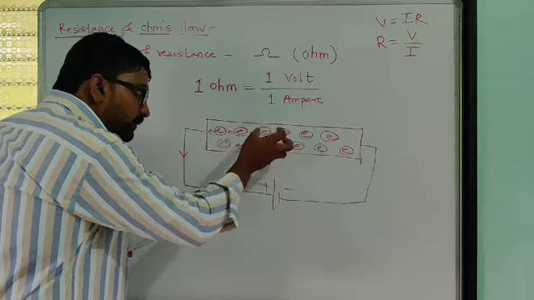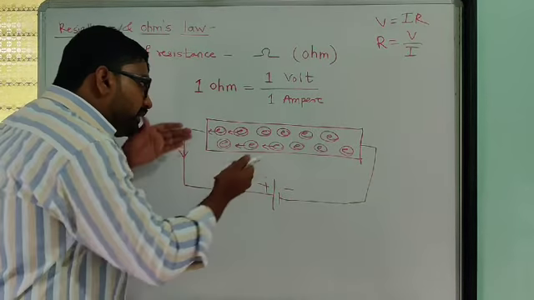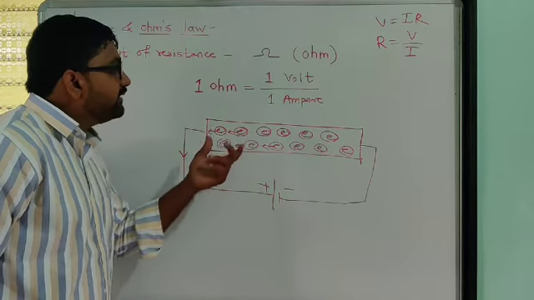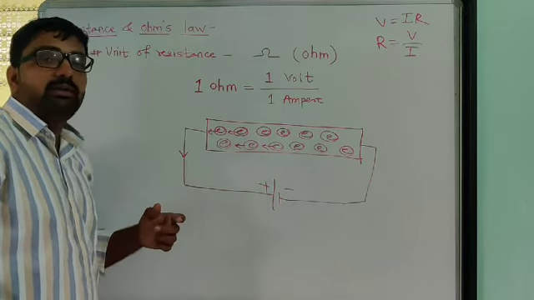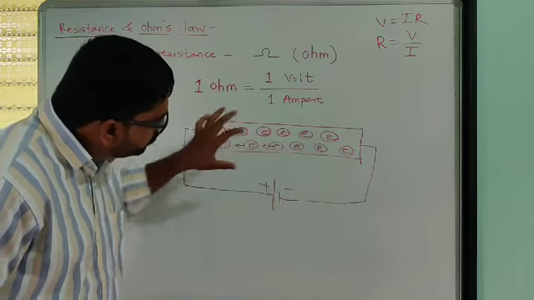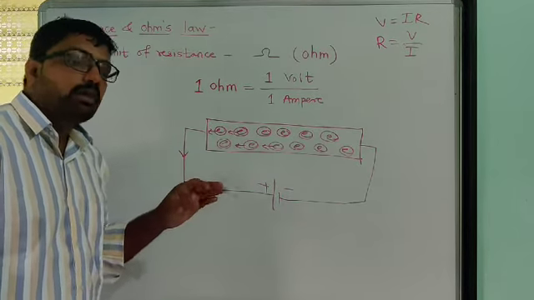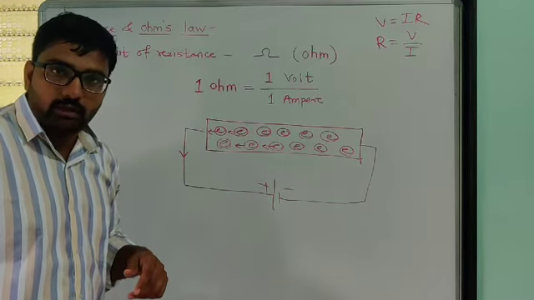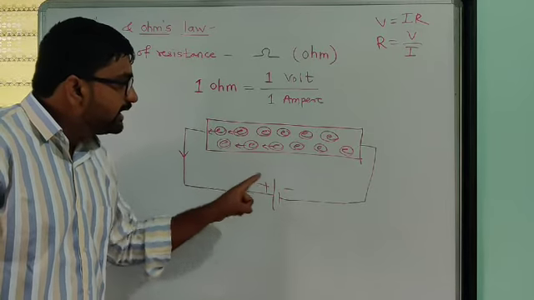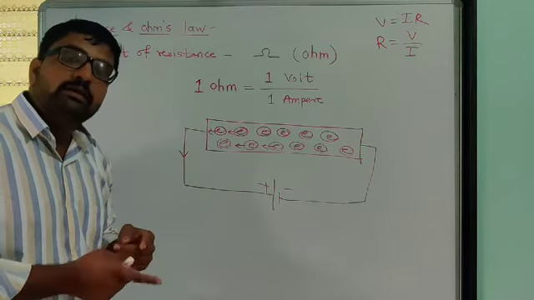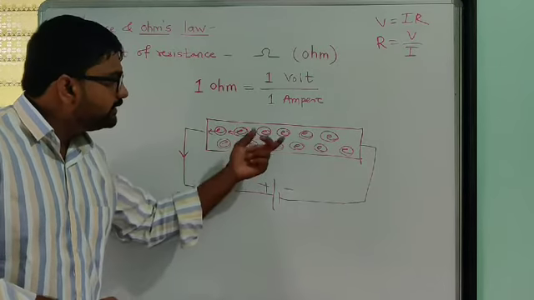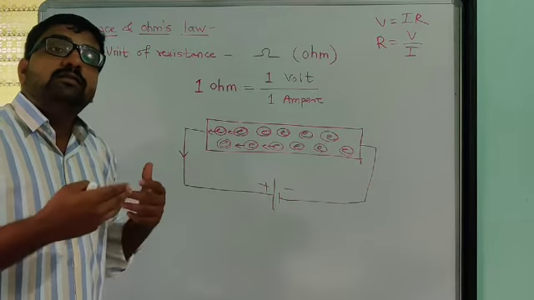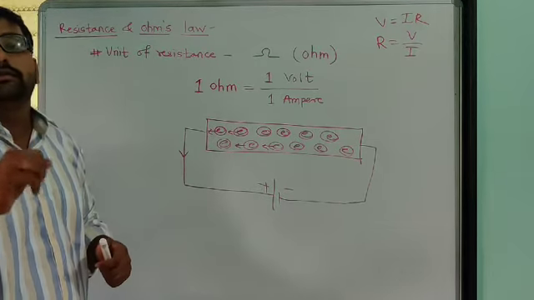I show only the free electrons here, but there are ions of those atoms as well. When the electrons move, collisions of these free electrons take place with atoms, ions, or among the electrons themselves. Due to that, the path of their motion goes on deflecting.